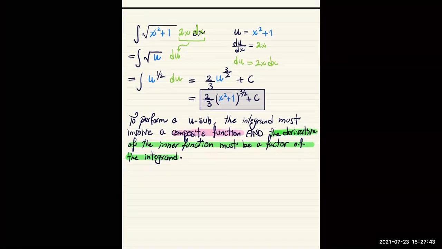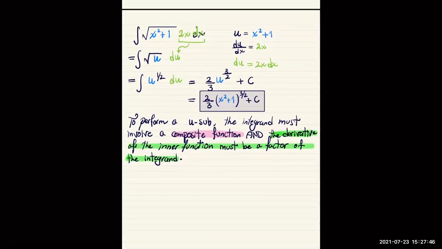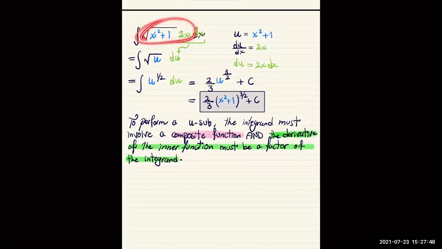So again, look at the integrand. Do you have a composite? Yes, this is composite because I read that as the square root of x squared plus 1, and the word "of" means the composite. X squared plus 1 is the inner function. I calculate the derivative of this in my head. It's 2x. There is 2x, so you can do substitution.